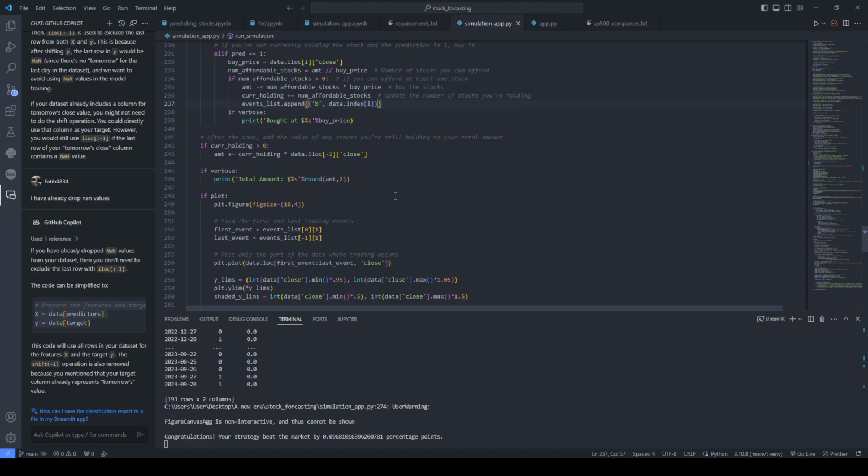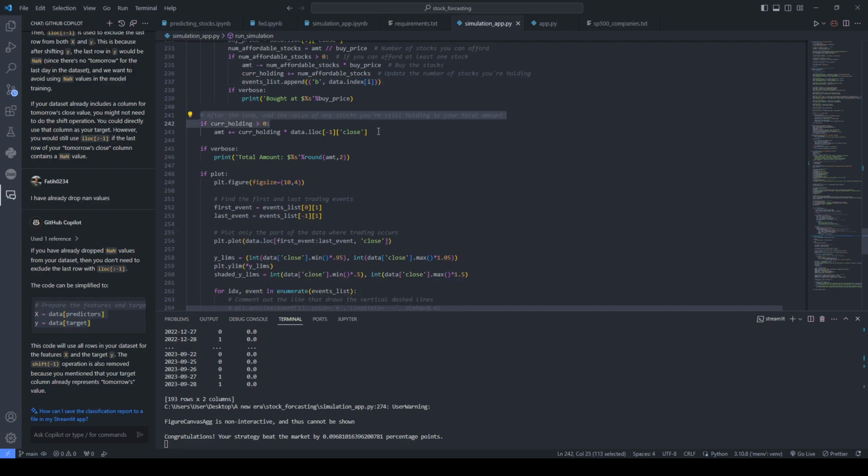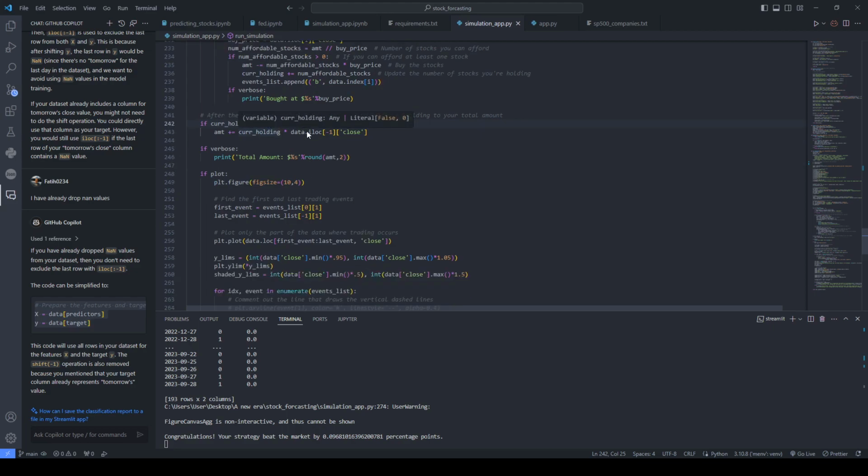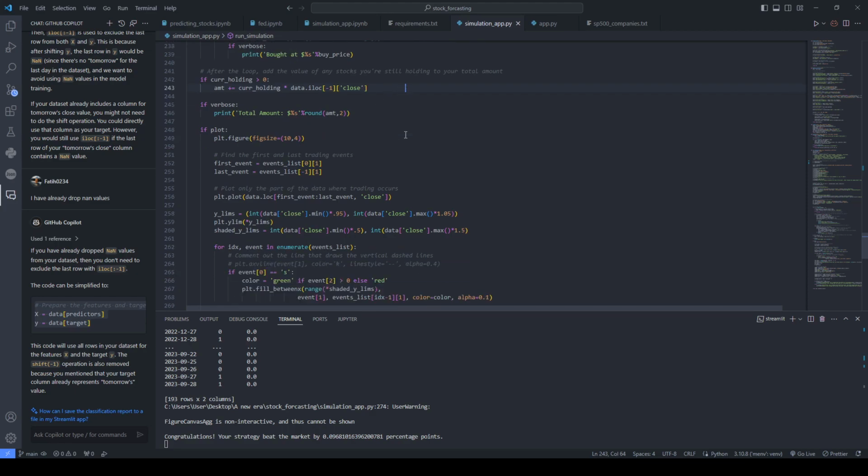And after the loop, if we have any current holdings, let's say we concluded the trading section holding two stocks, we also take that as profit by adding it into our amounts. Otherwise it doesn't make sense.